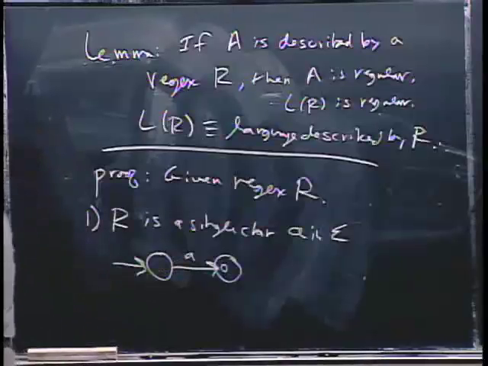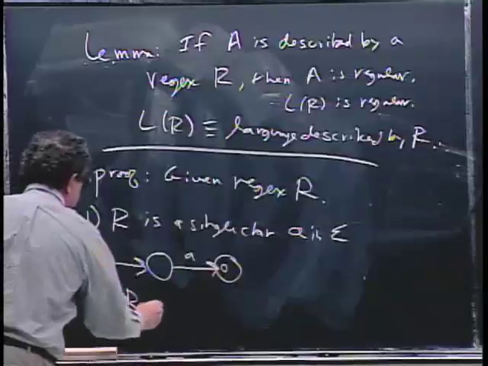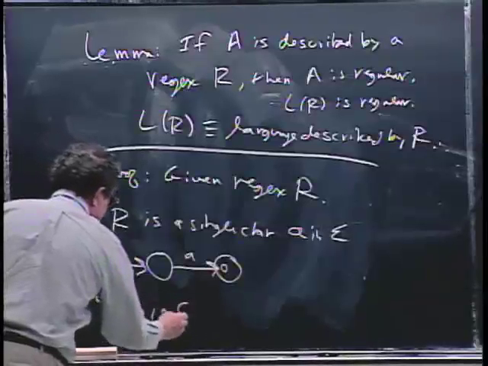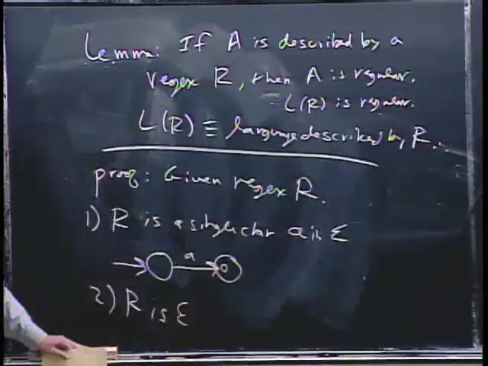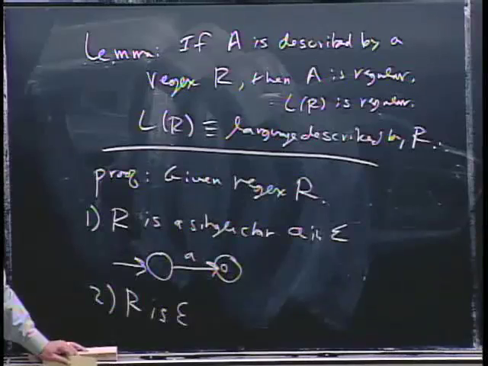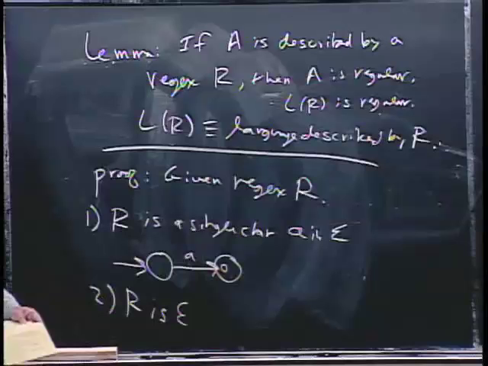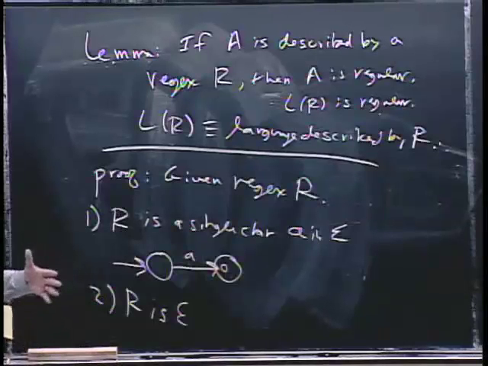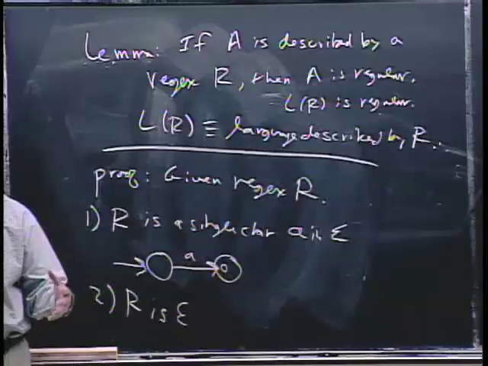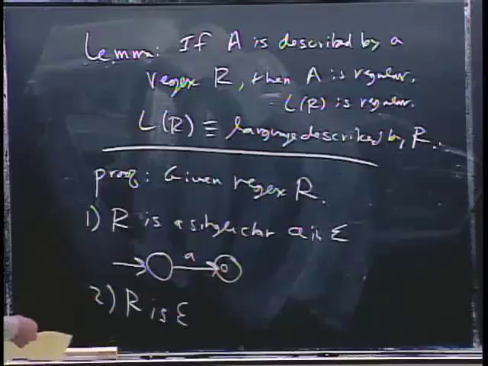Now, number two, what if R is the empty string? Again, what we're trying to do here is to show that there's an NFA for each regular expression, and we're building up the NFA in the same way that we would be building up the regular expression by following the formal definition of what a regular expression is.